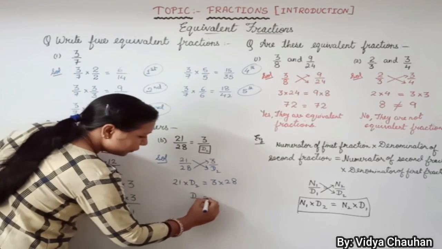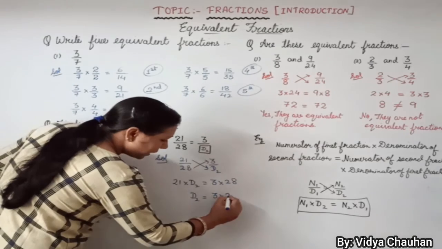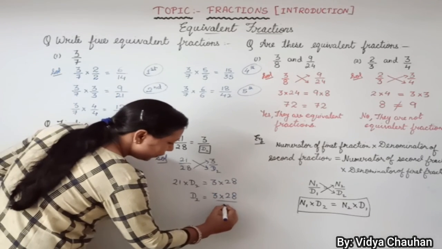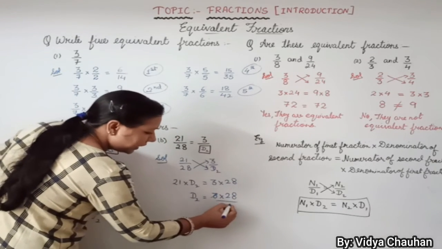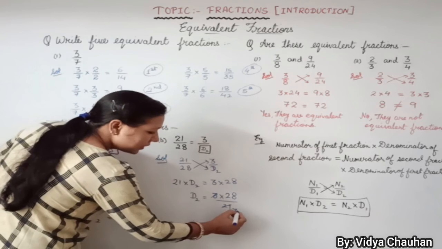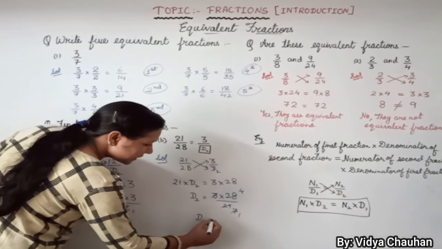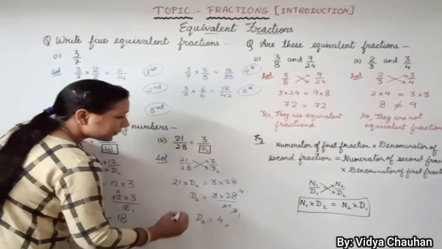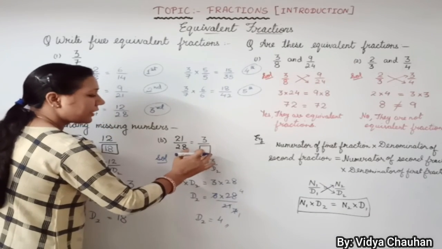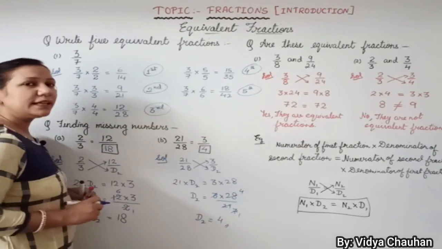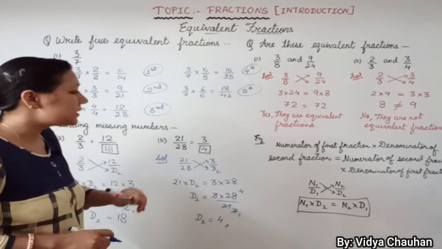Find the value of d2 here. So that is 3 multiplied by 28 upon 21. 3 7s are 21, 7 1s are 7, 7 4s are 28. So d2 is equals to 4. So this is how we have calculated our missing digit, and the missing digit is 4.